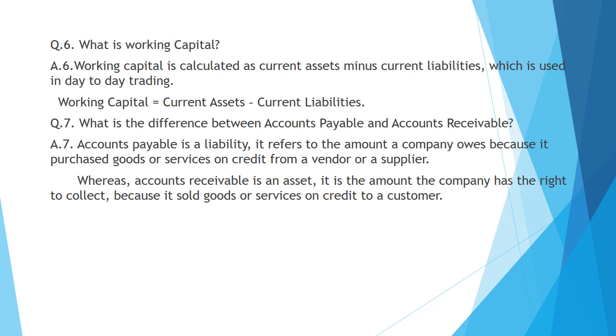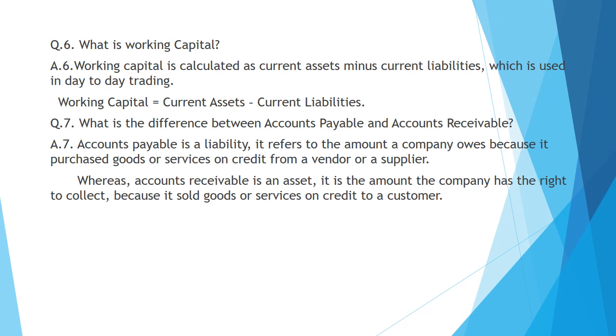Now, seventh question. What is the difference between accounts payable and accounts receivable? First, accounts payable is a liability and accounts receivable is an asset. Accounts payable is a liability which refers to the amount a company owes because it purchased some goods or services on credit from a vendor or a supplier.